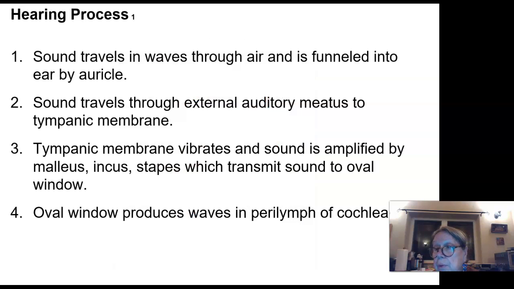The hearing process is relatively simple. Sound enters the outer ear, the auricle funnels it into the ear canal, and then it goes to the eardrum with all these vibrations of sound.